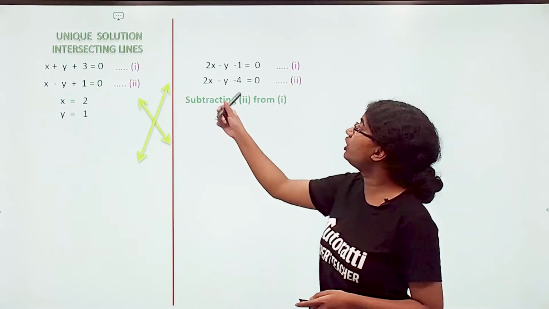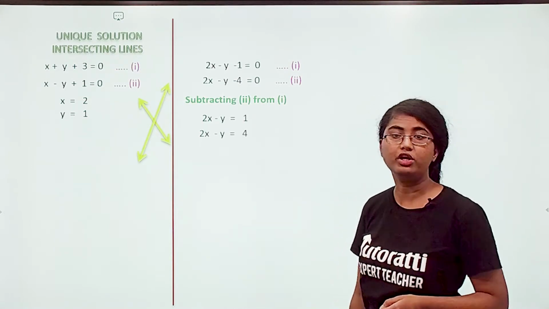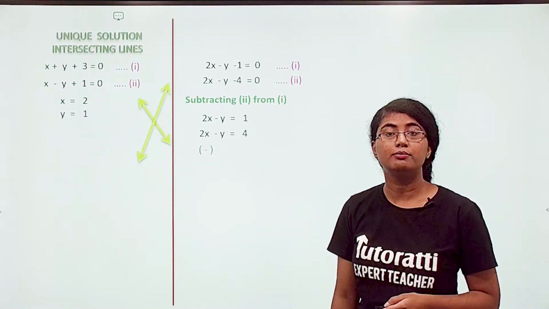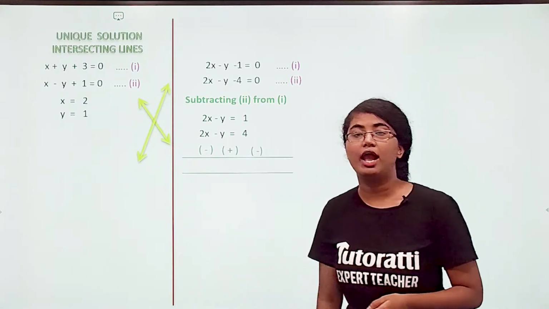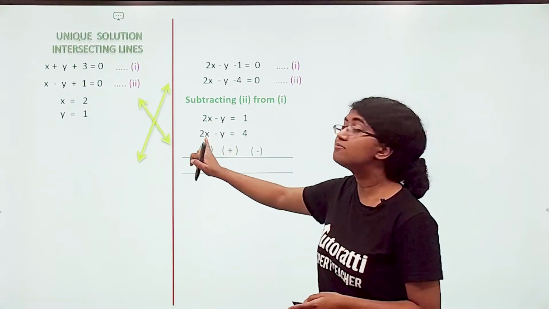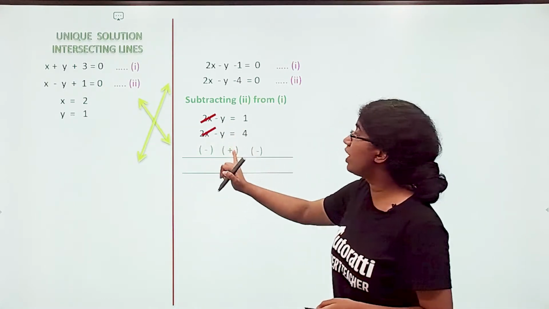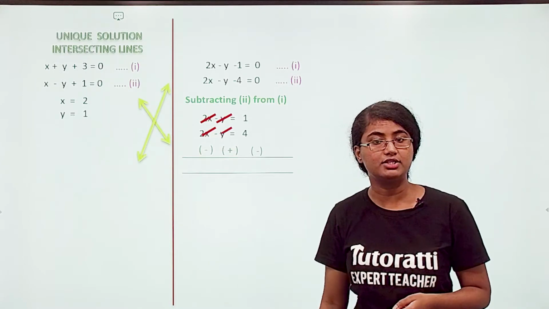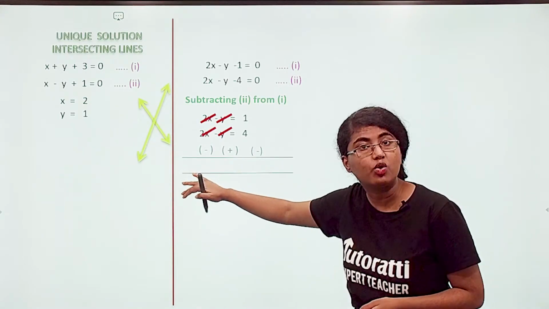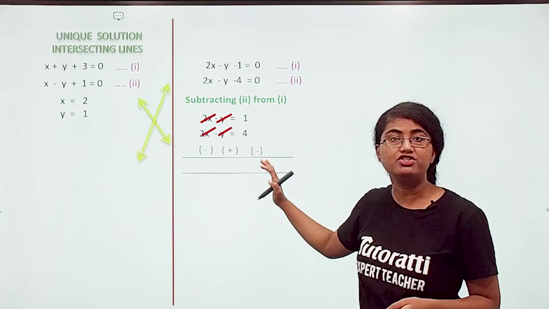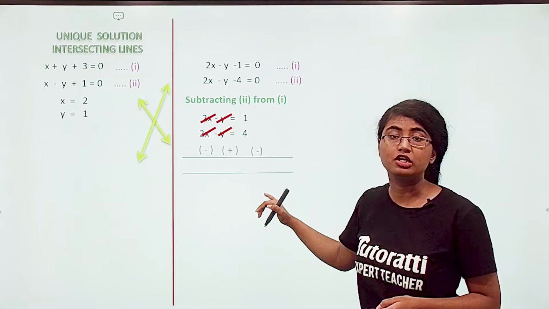If we subtract equation 2 from equation 1, first of all change the signs of the second equation, and then 2x minus 2x will get cancelled out, okay? Minus y plus y will also get cancelled out. So what is left on the left hand side? 0. And what will you obtain on the right hand side? 1 minus 4, which equals minus 3.